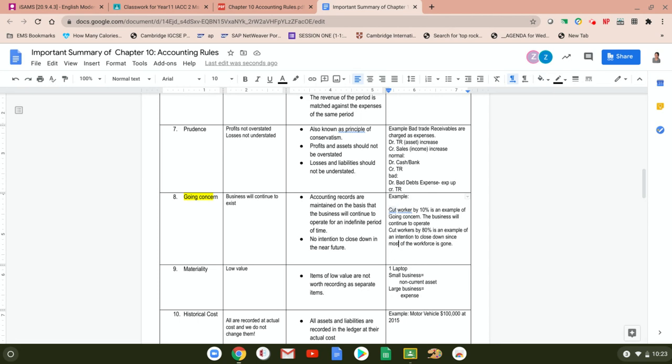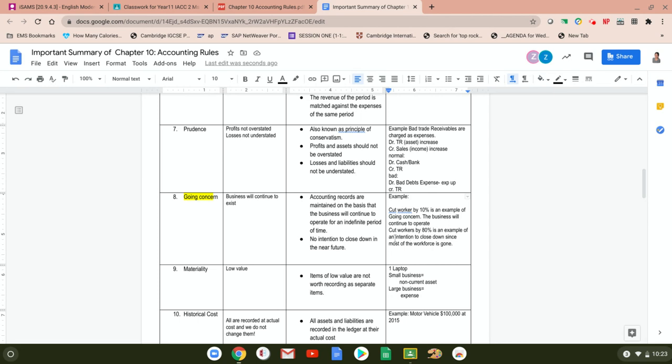So let's look at the examples. The first one, cut workers by 10%, is an example of going concern, because 10% is not really a big thing, especially with what's happening now, the coronavirus pandemic. Most businesses cut workers. If it's just a small cut, it's just a way to operate more efficiently, so it's an example of going concern because you will continue to exist.